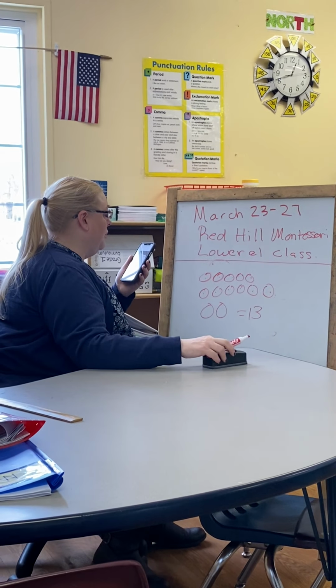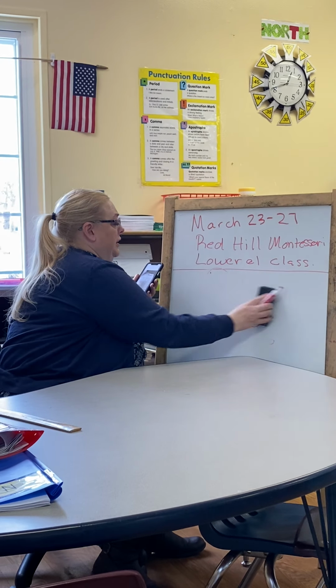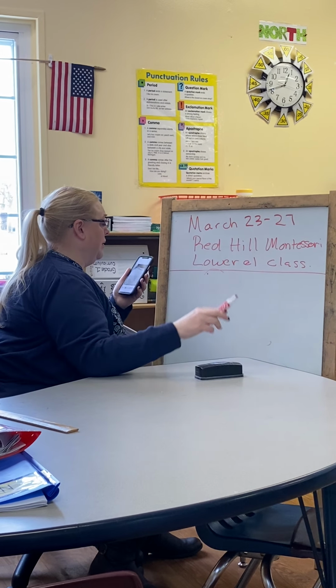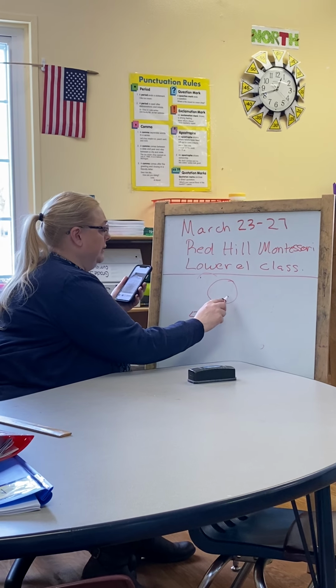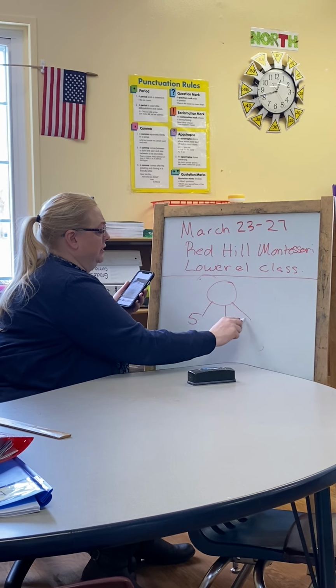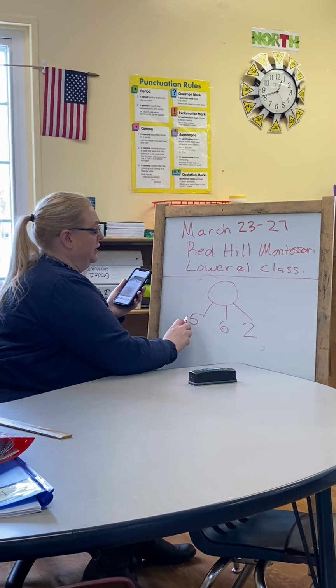We could also draw a diagram where we know that we have 5, 6, and 2, so that we're adding them up. 5 plus 6 is 11, plus 2 more, so our missing variable is 13.